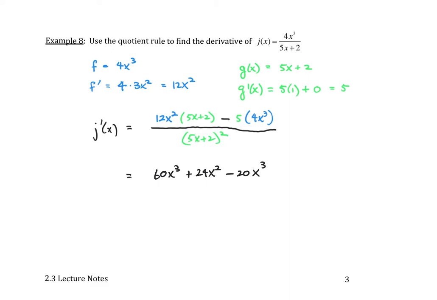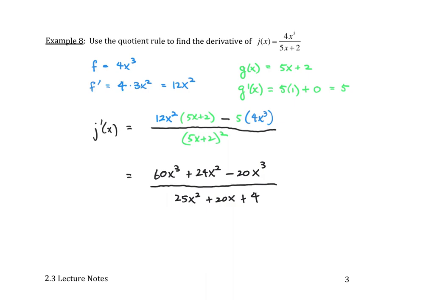For the denominator, I could just multiply that out. 5x squared is just 25x squared. I know that the middle term is going to be the product of the two terms times 2. So 5x times 2 is 10x, times 2 is 20x. And then the last term squared is going to be plus 4.